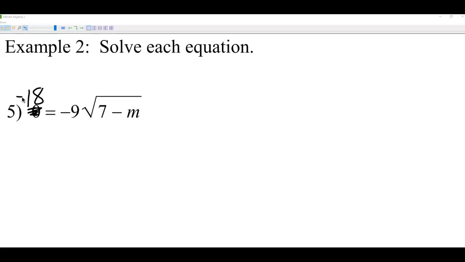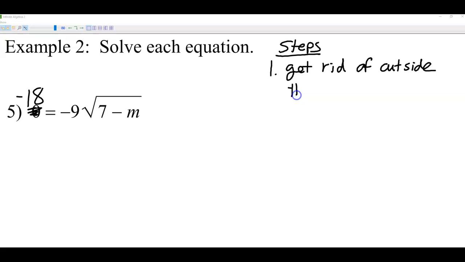Now, when you're solving these, the first thing that you want to do is get rid of the outside numbers first. So what number's outside of the square root? Okay, now that -9 is multiplying the square root, and the opposite of multiplication is? So we're going to divide both sides by -9.